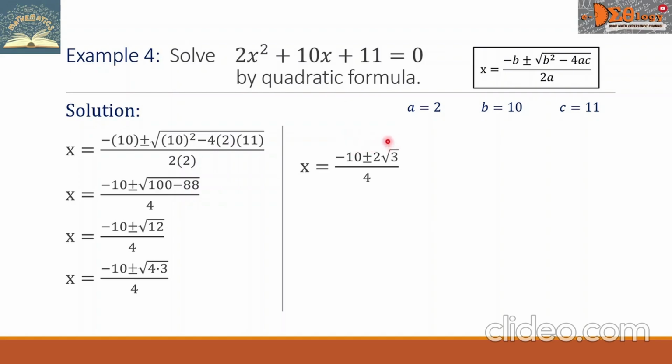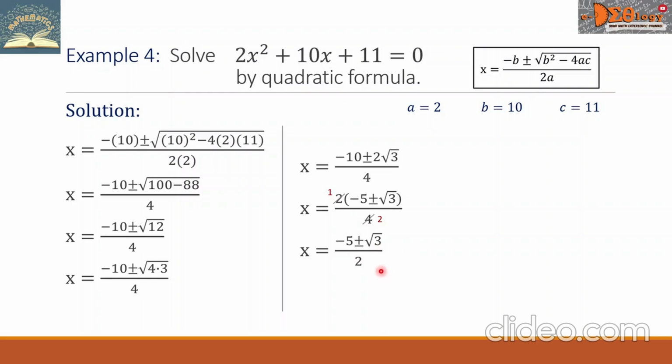We can factor it out. So we have 2 times the quantity, negative 5, plus or minus the square root of 3, all over 4. We can cancel the 2 and the 4. So this 2 becomes 1, and this 4 becomes 2. We simplify further. X equals negative 5 plus or minus the square root of 3 all over 2.